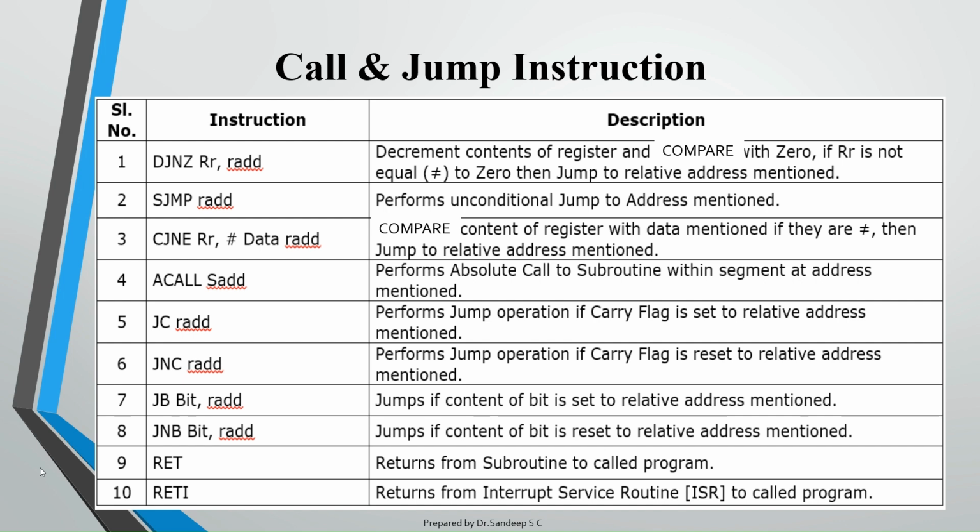Whereas RETI is used whenever the control moves to an ISR, interrupt service routine. While coming back, we will give RETI as the last instruction in the ISR to come back to the main function. So this RETI I will explain again when we are discussing interrupts.